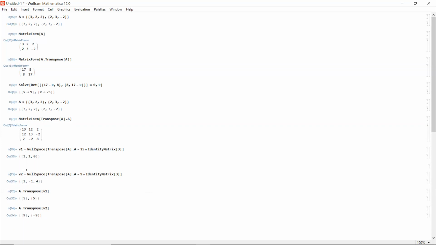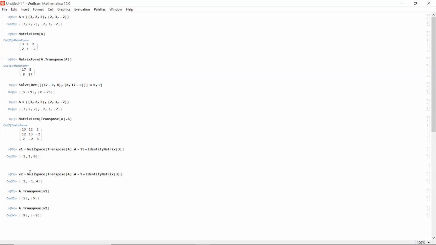So I have v1 and v2. And we said that we don't need the third vector in the singular value decomposition because the third vector corresponds to the eigenvalue 0. So I won't even calculate v3.